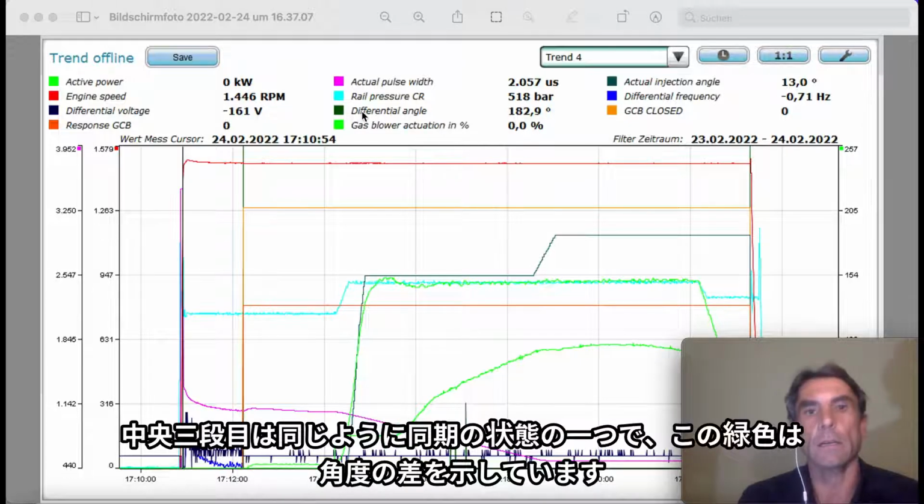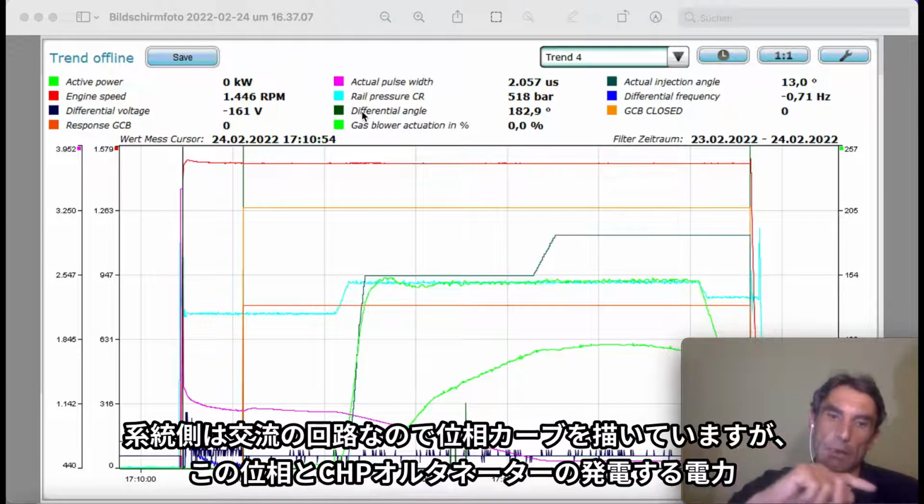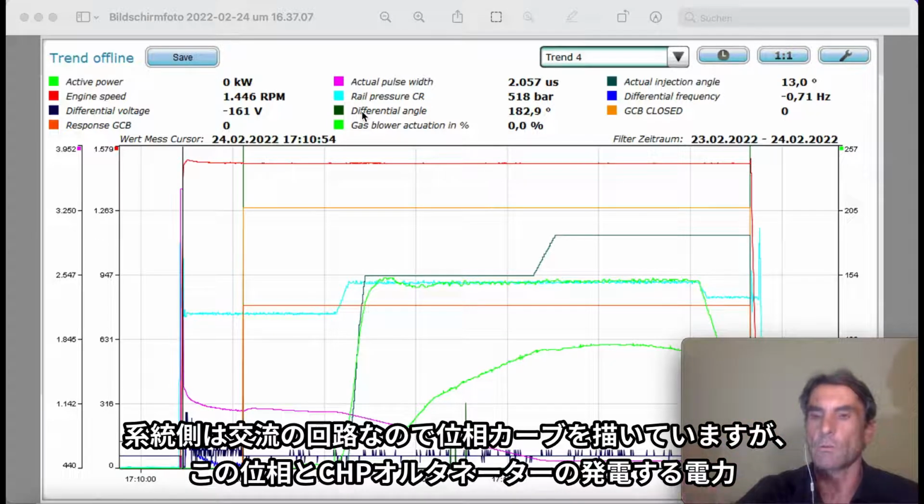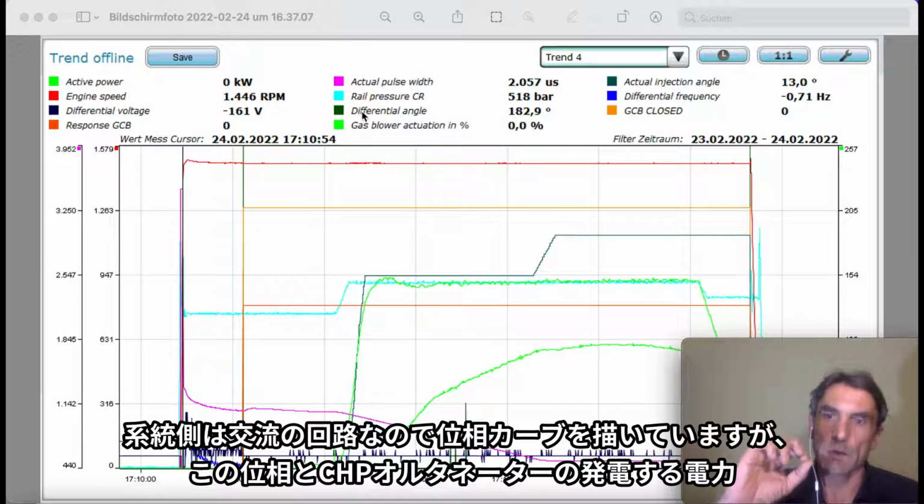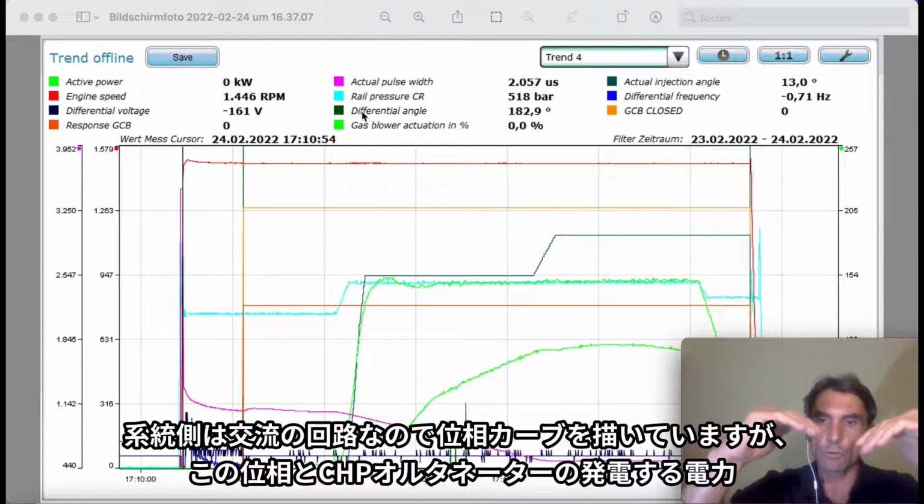Dark green, as well for the synchronization, is the differential angle. On the grid we have a 50 Hertz sinus curve of each phase, and the angle of this 50 Hertz wave of each phase of the grid must be synchronized with the angle of the alternator.